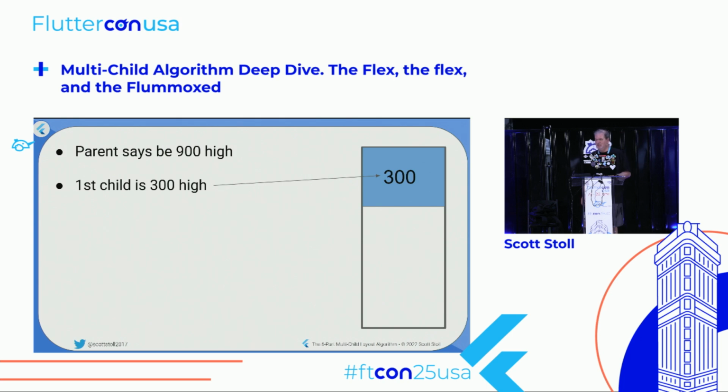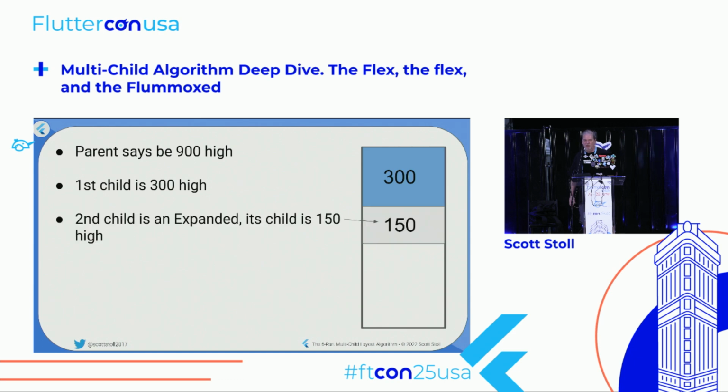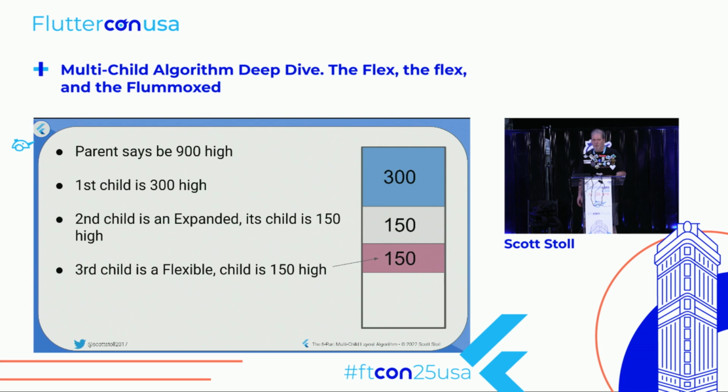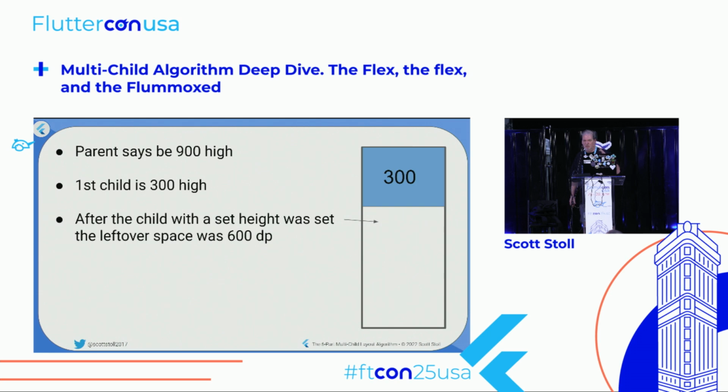Okay, that size is fixed. It does not have any flex factor. So the next is an expanded with a child that is 150 high. And the next one after that is flexible with a child that is 150 high. Now, after we put in the child that has no flex, what we end up having is 600 left over, right? It's pretty simple. 900 minus 300 is 600.